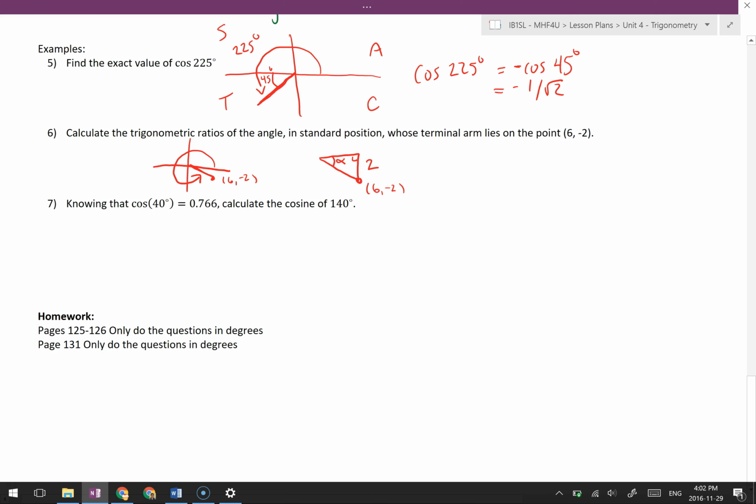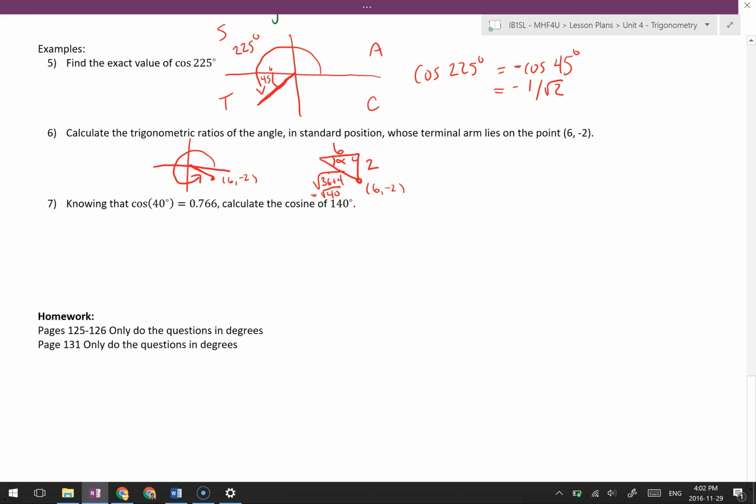That means the length of this side of the triangle is 2. The length of this side is 6. And this is root of 36 plus 4, which is root 40.